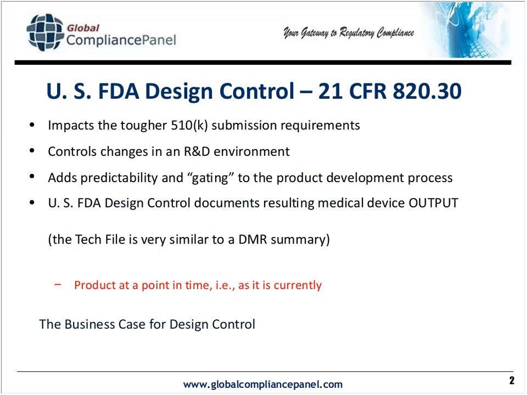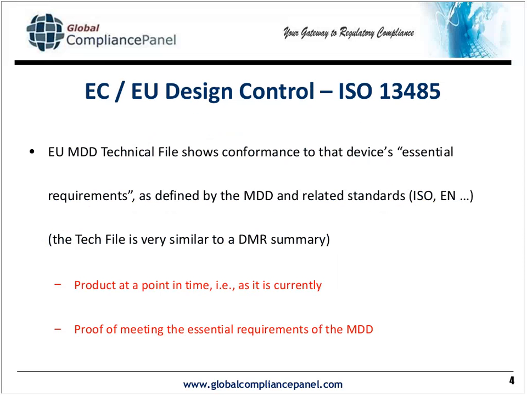Now, we will talk a little bit about the difference between the FDA's GMP design control requirements and the European Union's design control under ISO 13485, the 9001 version for devices.